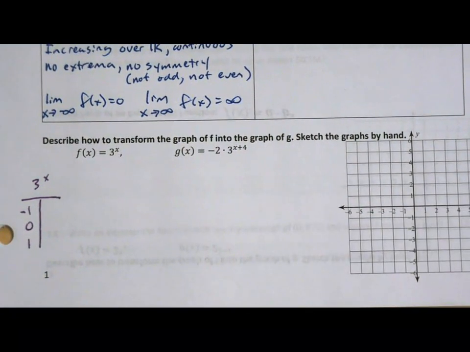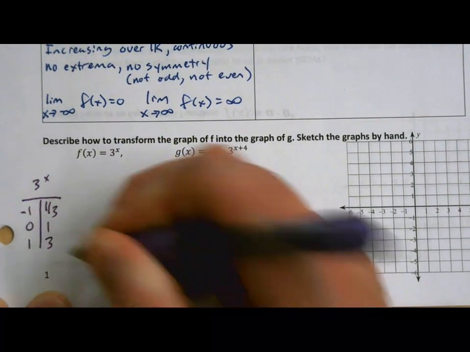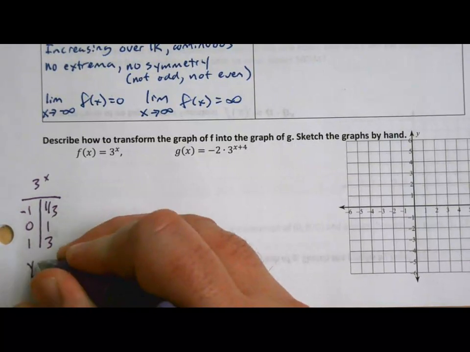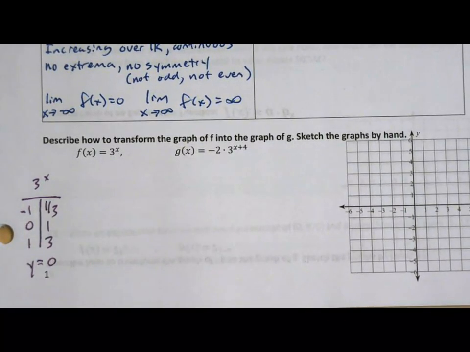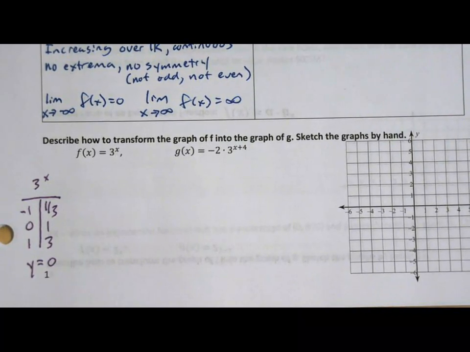So plugging those in are going to give us 1/3, 1, and 3. And since this has an asymptote, we should also track our asymptote. So the horizontal asymptote will be y equals 0. Every exponential function is going to have that asymptote at y equals 0.